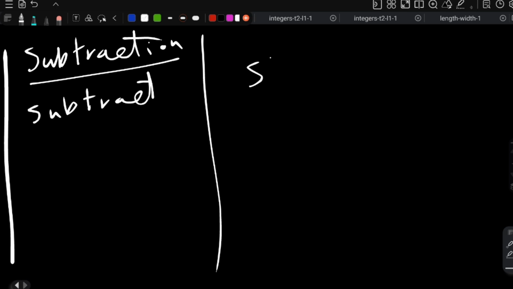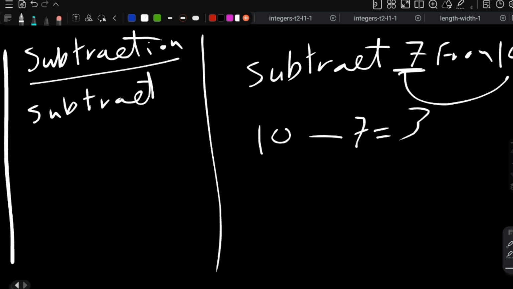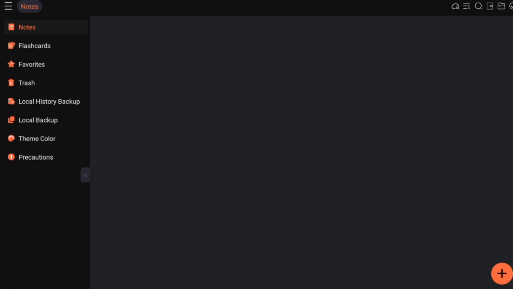If I told you subtract 7 from 10, you will take 7 from 10, so you will say 10 minus 7 equals 3. So this is the meaning of the word subtract, also minus.